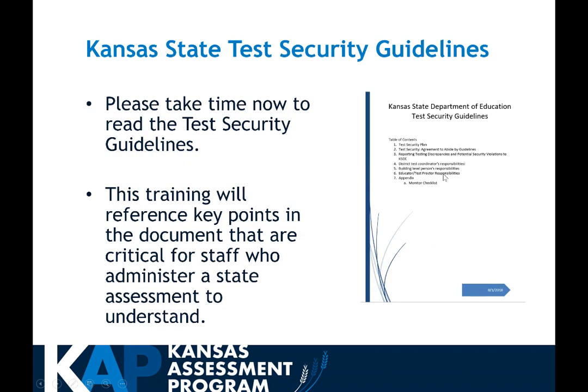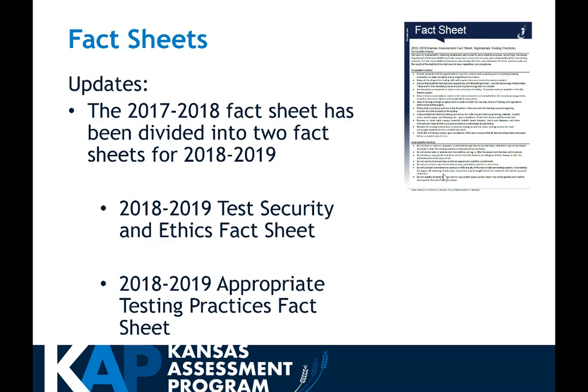Please take some time right now to review the Test Security Guidelines document. Pause this video and read through them, and when you have completed it, come back to the video and we will go over some of the important points in this document. There are also 2 fact sheets that you will need to review before you continue.